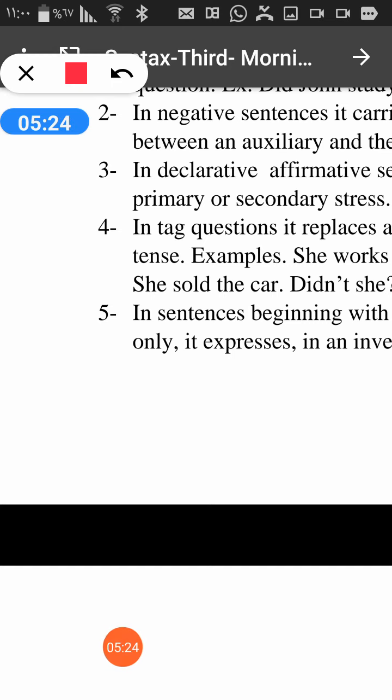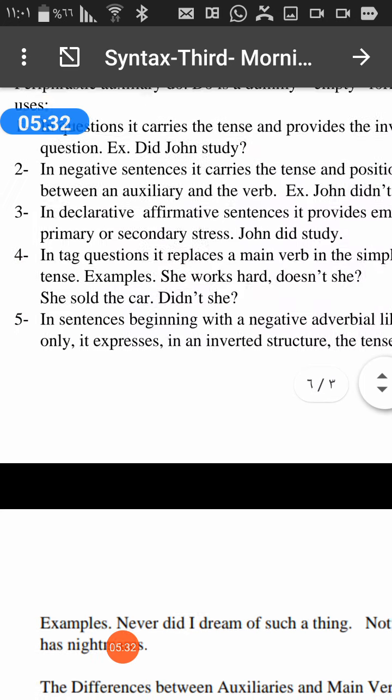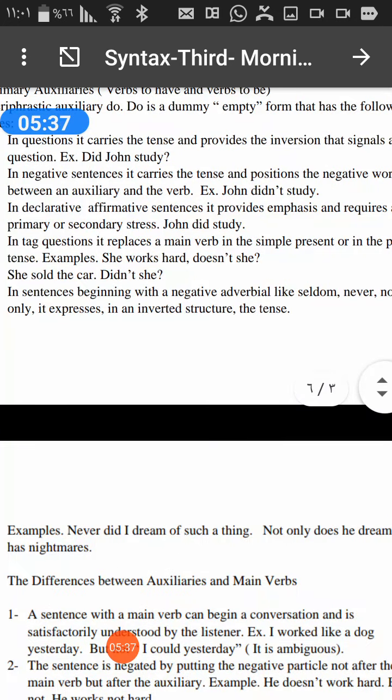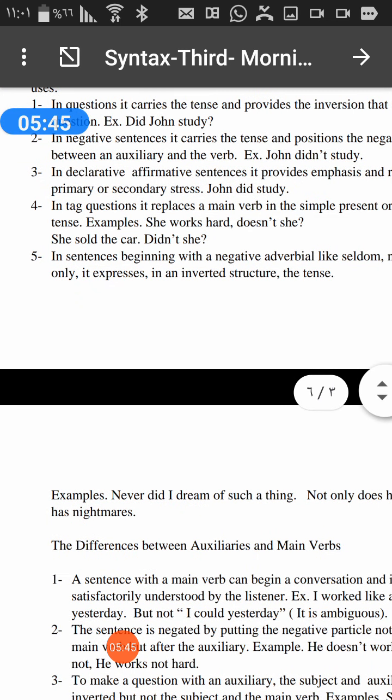Number 4, in tag questions, الوظيفة الرابعة للفعل المساعد do يستخدم كذلك في الأسئلة الذيلية, in tag questions. It replaces a main verb in the simple present or in the past tense.